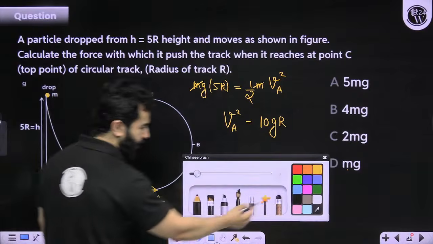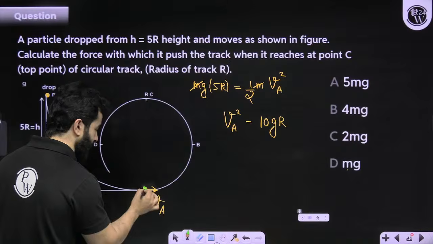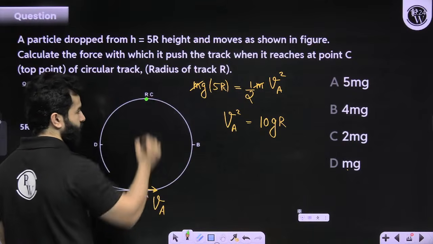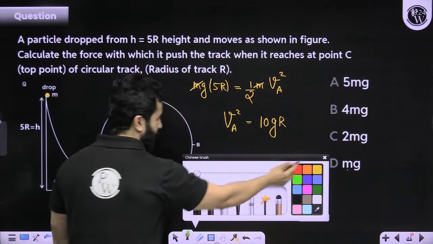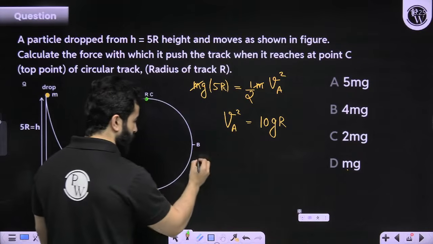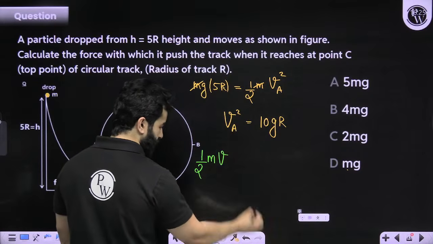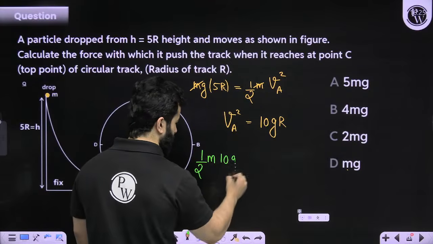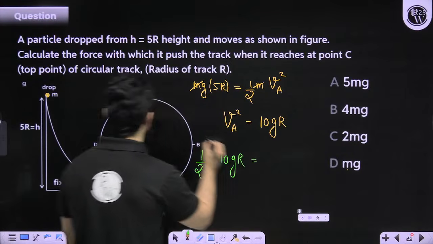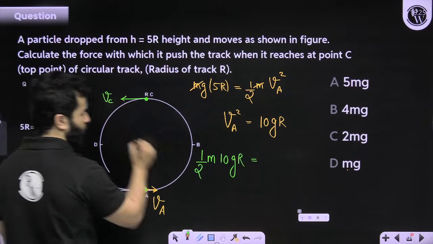Now we apply conservation of mechanical energy between point A and point C. At this point the total energy is kinetic energy half m VA square, that means 10 gr, and at point C let's suppose it has velocity VC, which we want to find out.